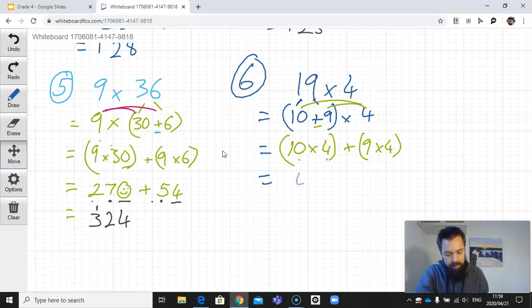Ten times 4 is 40. 9 times 4, or 4 times 9, because you know we can do them either way around, is 36. Add my units. 0 plus 6 is 6. 4 plus 3 is 7. So my answer is 76.